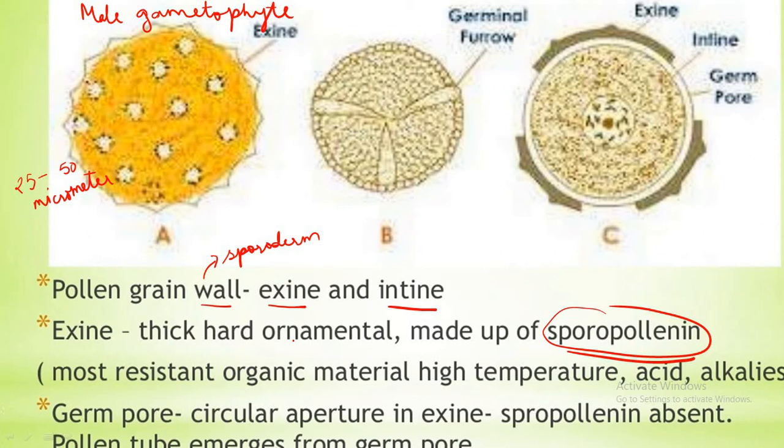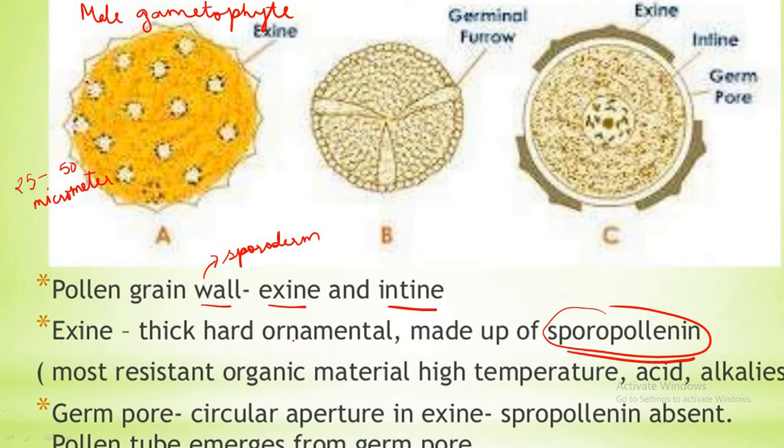If we talk more about the exine layer, it is the most resistant layer because it is hard, and it can withstand the high temperature and strong acids and alkali because of presence of most resistant organic material, which is called the sporopollenin. And no enzyme can degrade the sporopollenin.